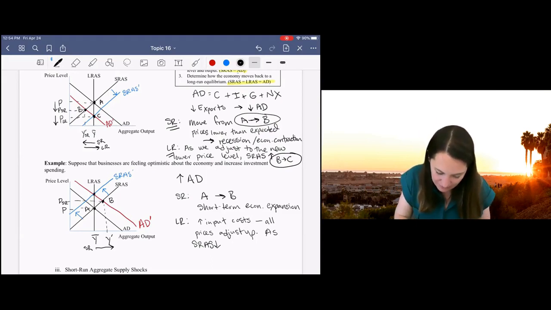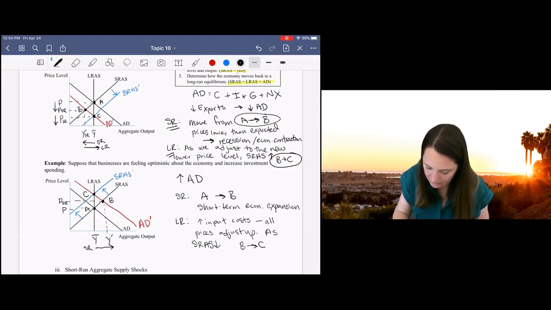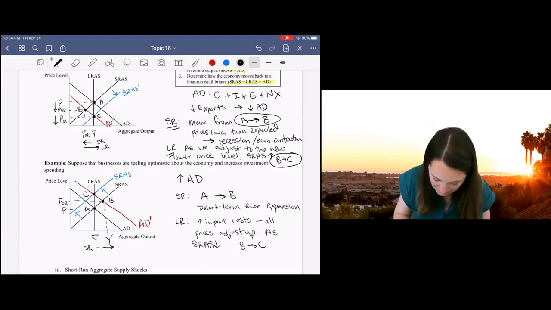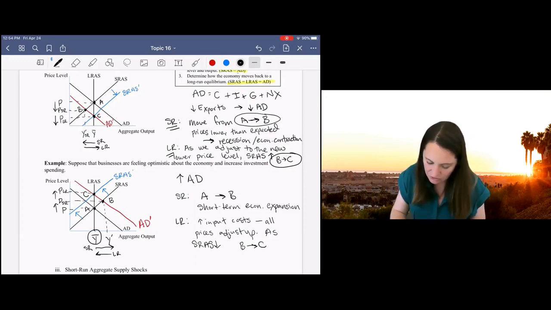And then that's going to move us back to this long run equilibrium point C, where, again, all three lines are intersecting, and that means that our price level is increasing again, but our output returns to this same long run potential level.